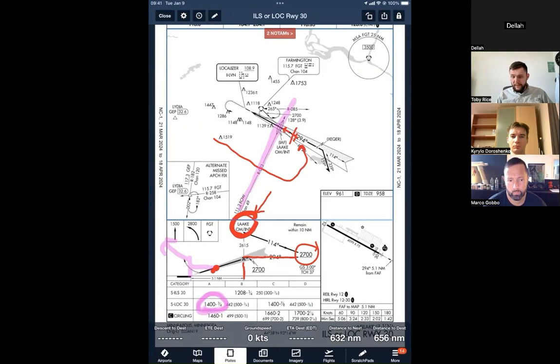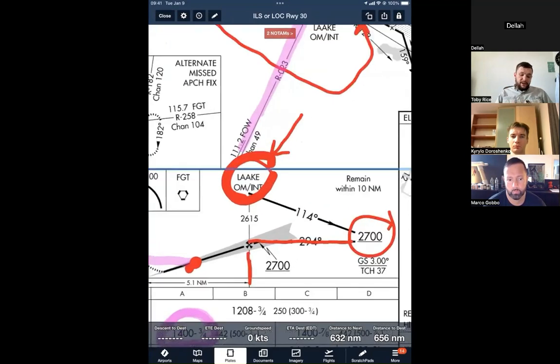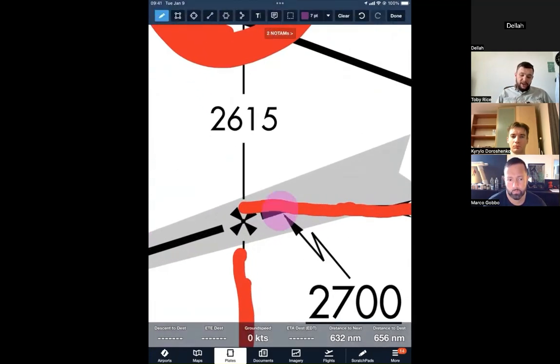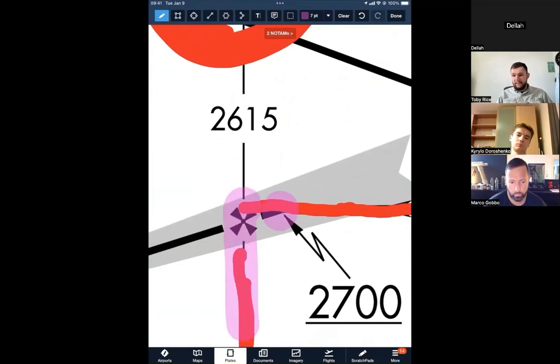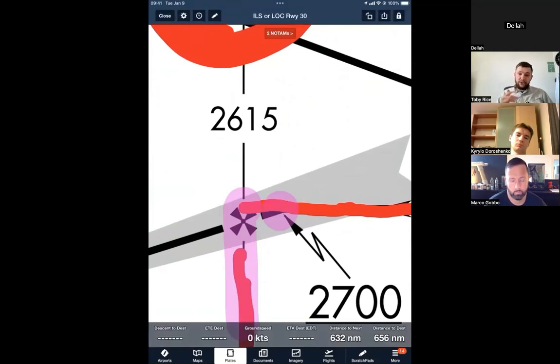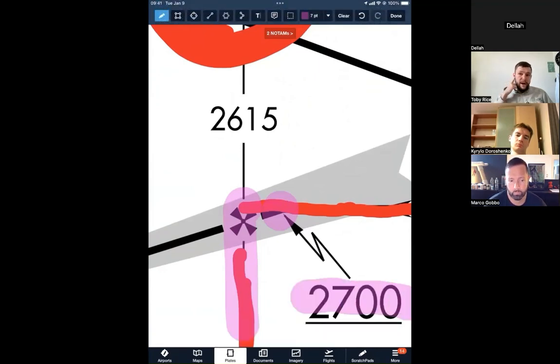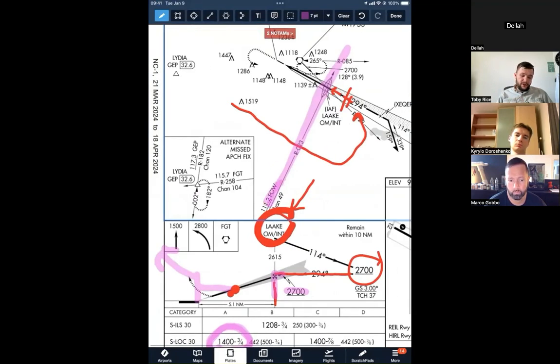Cool. Great. However, on the localizer, you did not start descending right here. You waited until you were at Lake to begin descending. That's one of the differences. So you stay at 2700 until you hear the outer marker or you cross the radial. That's number one.